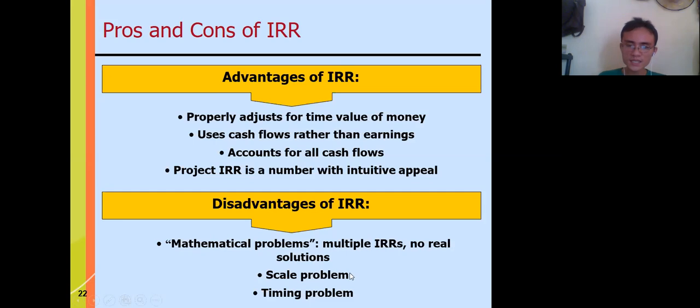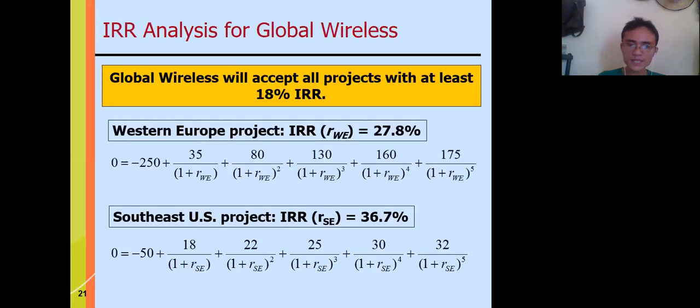Scale problem is when, for example, we get this particular IRR, but the amount of the investment is very low. Let's say, going back to that previous slide, it's $50 million here, but it's 36.7%, that's higher.